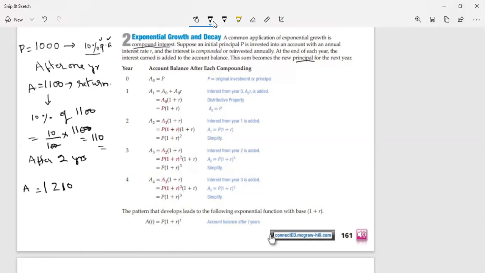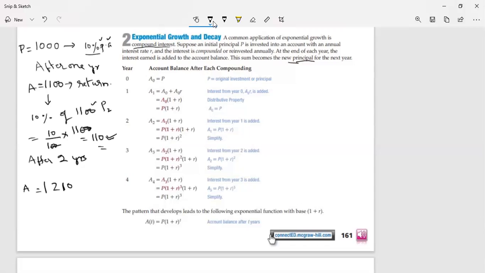So it is exponentially increasing. At the end of the year, the interest is added to the account balance and the sum becomes the new principal. This is P2, and after finding the percent of the new principal, you will get the interest for the second year.